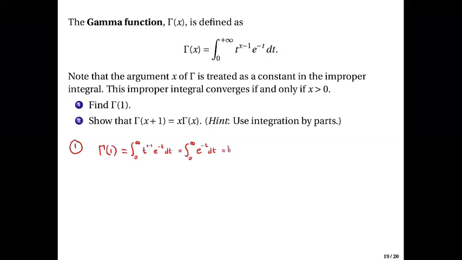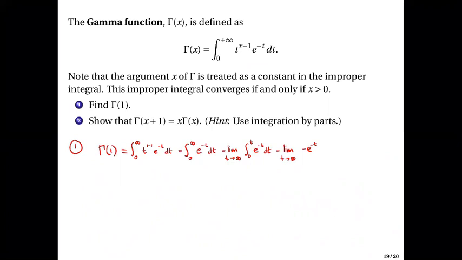Again, this is an improper integral, so we use the definition. We will have the integral from 0 to t of e to the minus t dt, which is the limit as t approaches plus infinity of negative e to the minus t. Sorry, I'm using very bad notation.